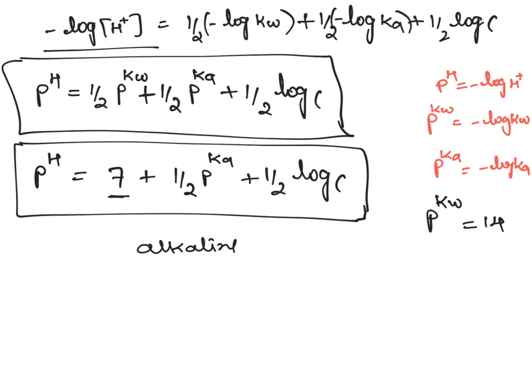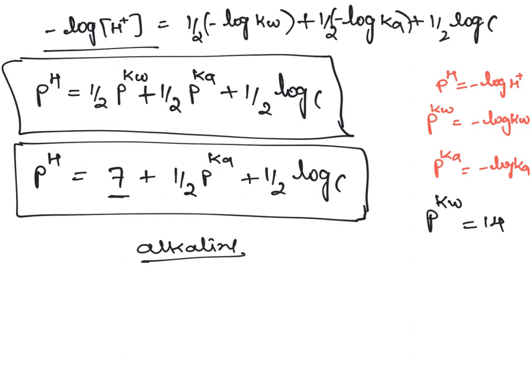The overall result of pH becomes greater than 7. The nature of the solution is basic. That's what we observed while writing the hydrolysis expression: acetate ion abstracting H plus and sending OH minus into the solution. As a result, the solution pH changes into basic, alkaline nature.